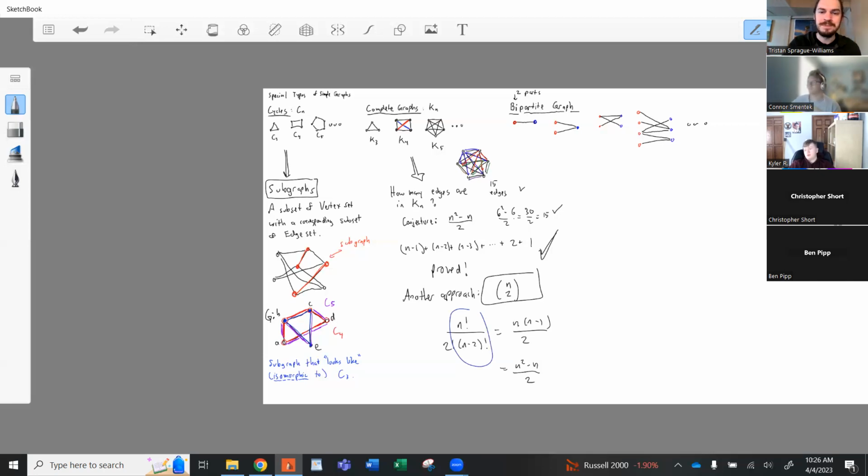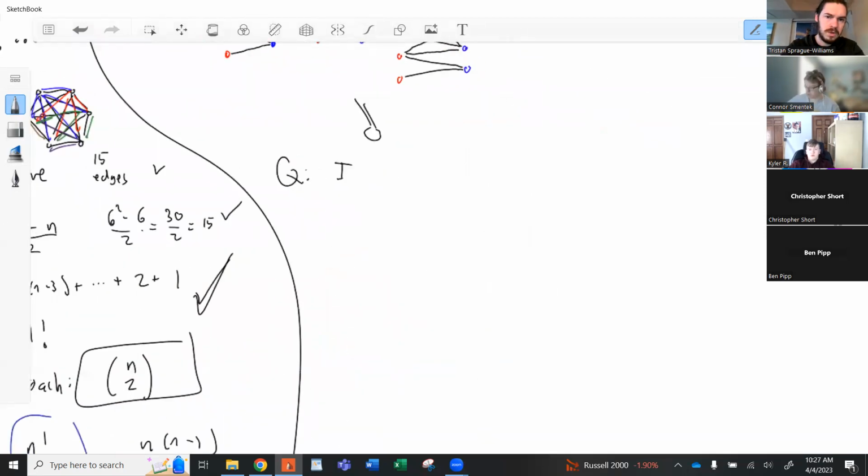Okay. So anyway, we have that. Now, for bipartite graphs, we have a little more we can learn. Question: is this graph bipartite?